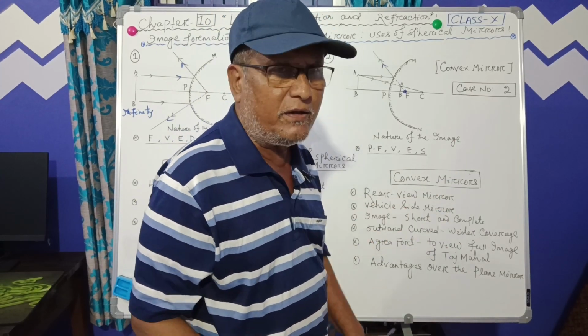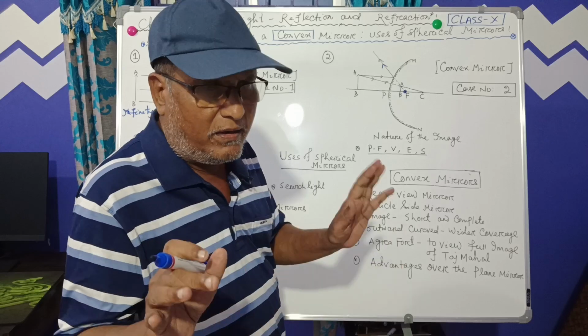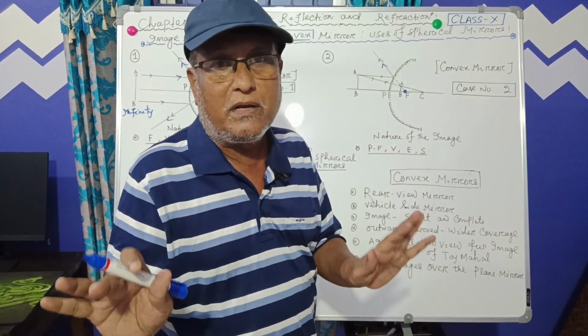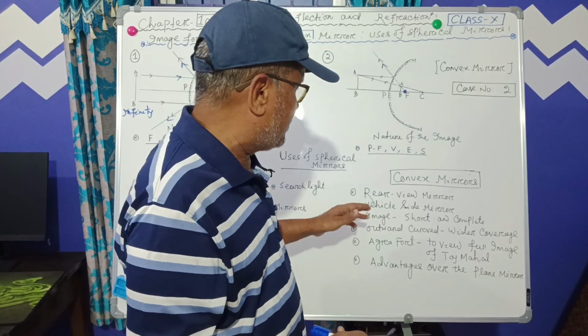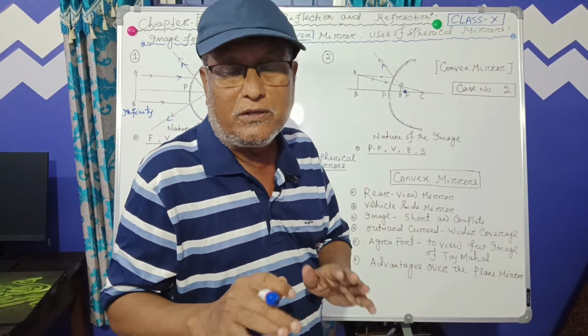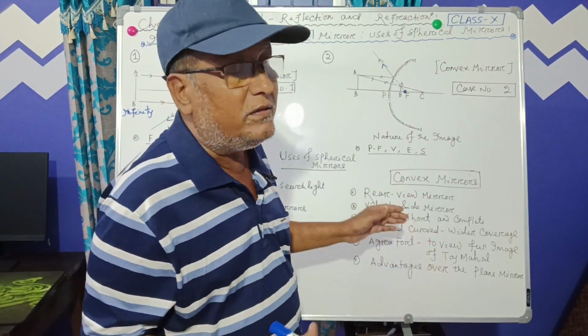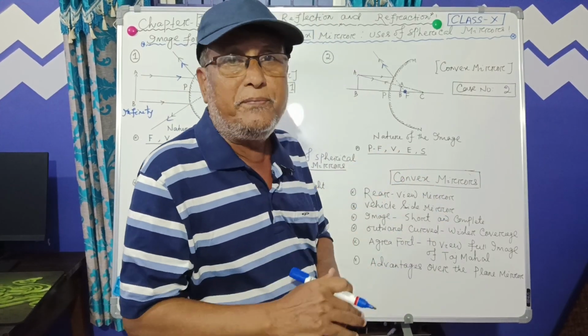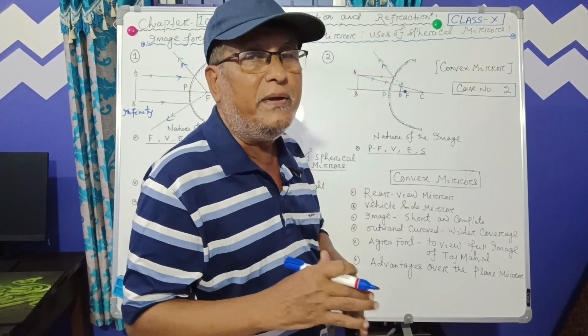So vehicle side mirror. Even in a bike or in four wheelers, you might have seen two mirrors fitted on both sides. The two mirrors help the driver to see the traffic behind the vehicle.